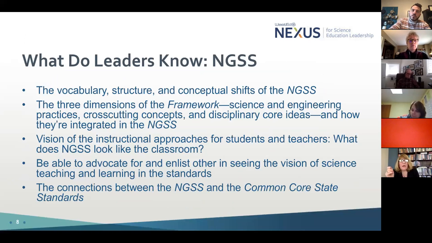What we all have to be extremely fluid in is not only the what of NGSS, in terms of the vocabulary, the structure, the conceptual shifts being made, but also, really importantly, what does that look like in action?